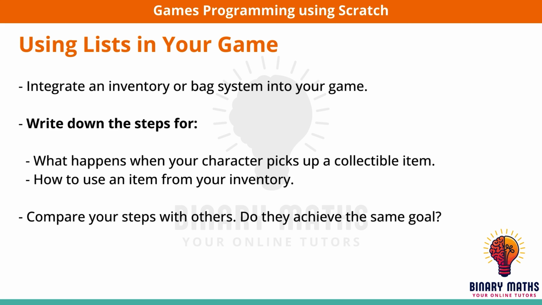Let's talk about how you can use lists in your game. Imagine you're creating a game where your character collects items like coins, potions, or keys. You'll need an inventory system to keep track of what you've collected. Here's what you need to plan. What happens when your character touches a collectible item? How do you use an item from your inventory?